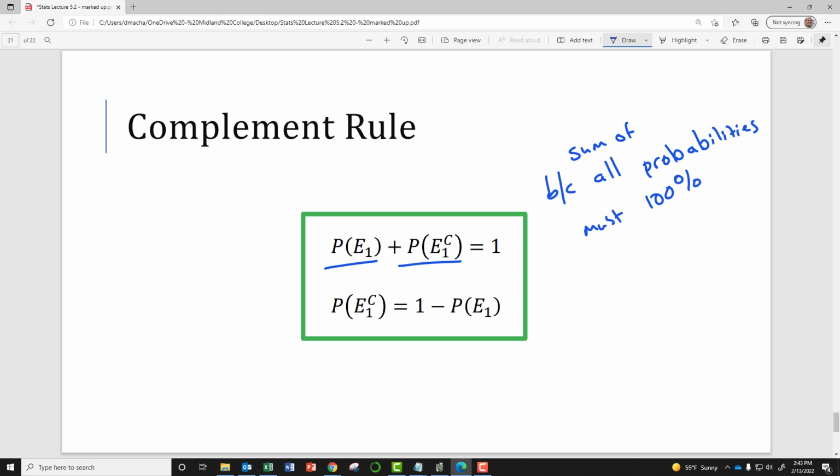And in decimal, we just say 100% is the number 1. And then the second part of that follows just by subtracting the probability of E1 from both sides of the equation. But this is nice to know.